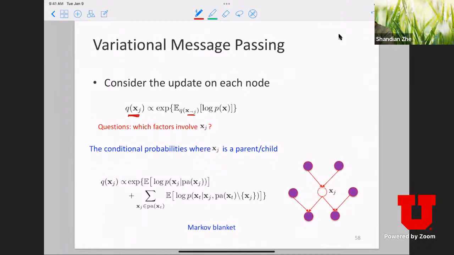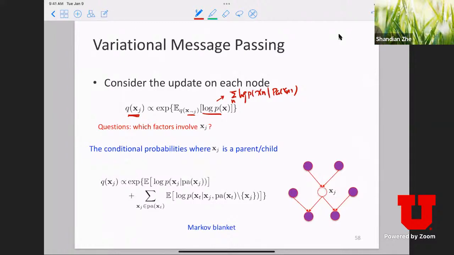Yes, exactly right. So remember, when you decompose it, it is a summation over all the nodes n, and it is the logarithm of the conditional probability of xn given their parents. Note that many nodes might not be related to xj.